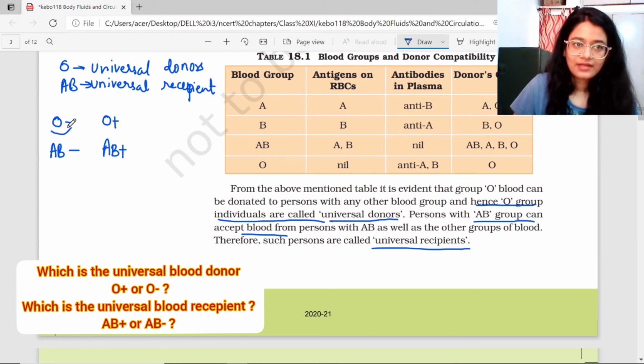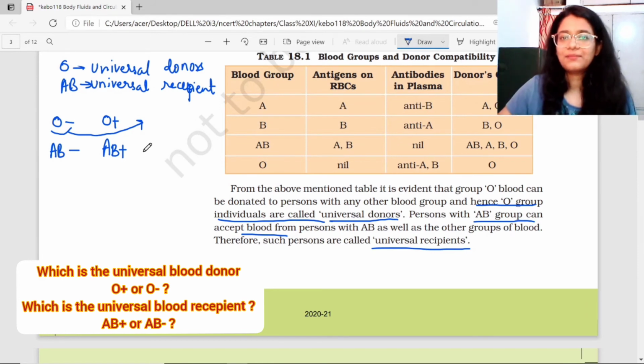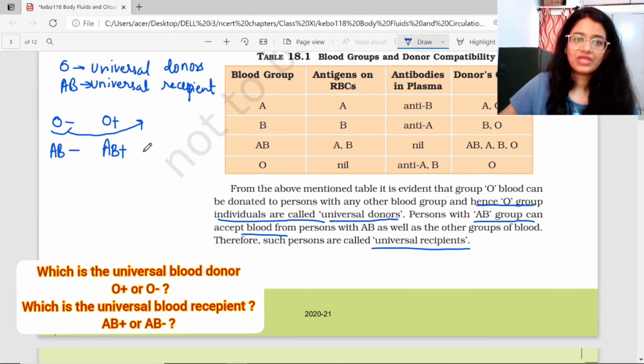If O negative blood is given to anybody, it is O negative, therefore it doesn't have any Rh antigens. So it will not generate any kind of antibodies from the recipient. So this is a safe option, and O negative can act as a universal donor.